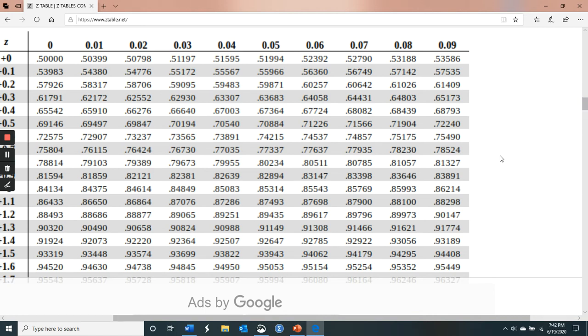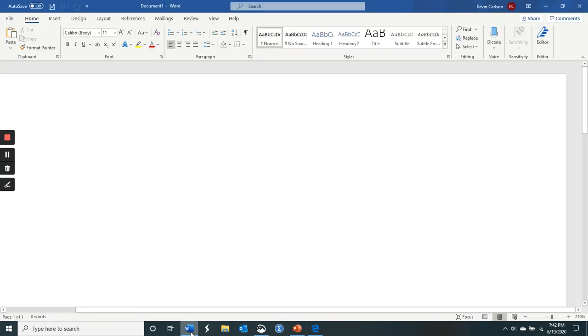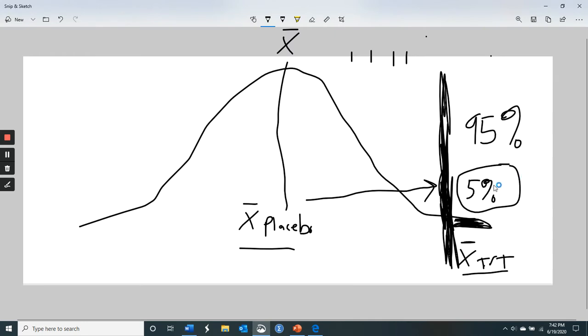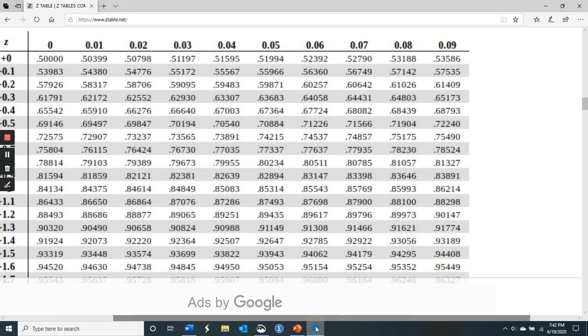So how did I get that? So remember that our p was less than 0.05. So remember, we're using a p of less than 0.05. Well, what did I do to find a critical value? Well, what I did is I went and I found, and this goes both ways.